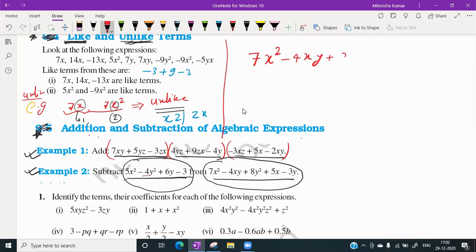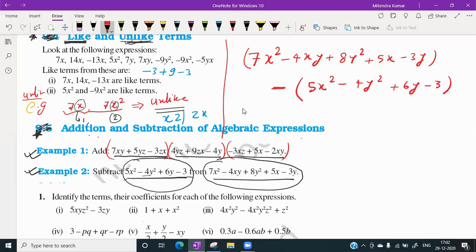From this expression, you have to subtract this expression. Okay. So first of all, what we'll do, we will open this bracket. पहले भी बताया था, कल भी बताया था, है ना?